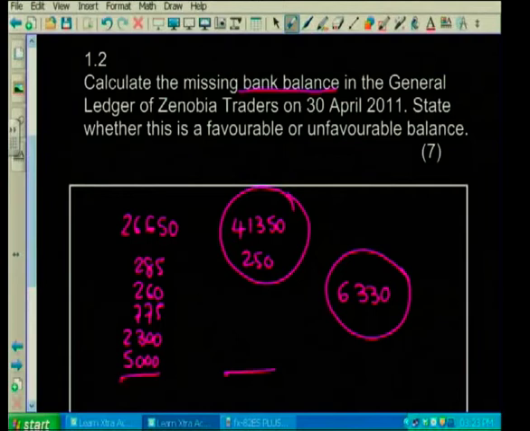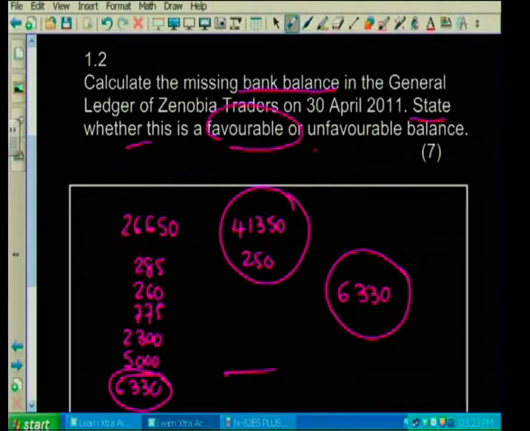So obviously, this is a debit balance of 6,330. You will notice that the question also specified, state whether this is a favorable or an unfavorable balance. Remember, as per our books, a debit balance indicates that it's a favorable bank balance. Got that, guys? Good. Let's go on to the next one.